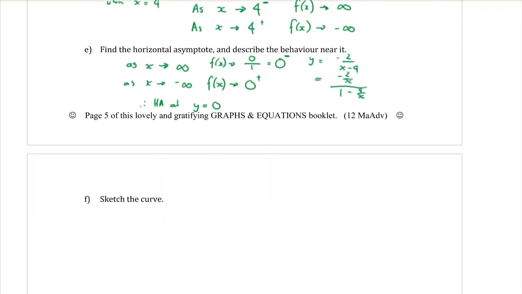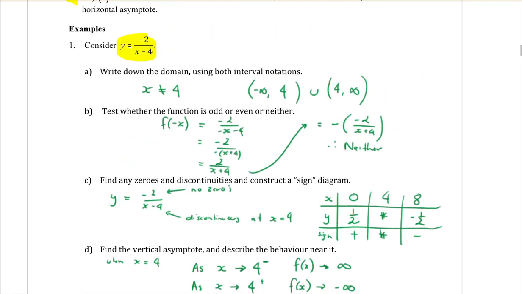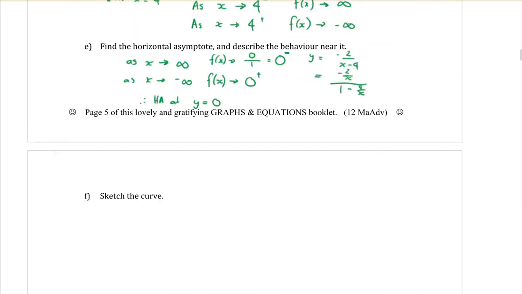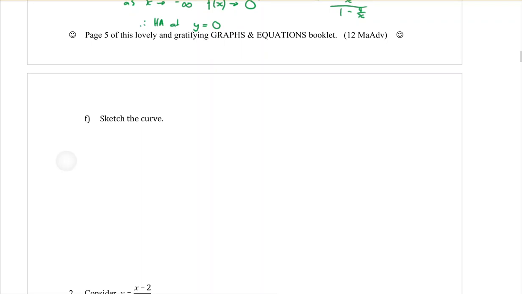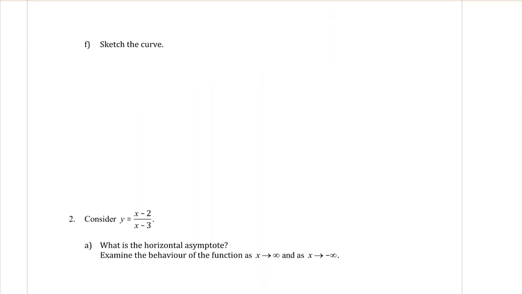Okay, so what was the first thing we worked out? Okay, I've got it on my notes, so I have to keep scrolling backwards and forwards. So sketching our curve. First thing I found was my discontinuous point, which we knew was a vertical asymptote, at 4. So here at 4, I'm going to draw a dotted vertical line.